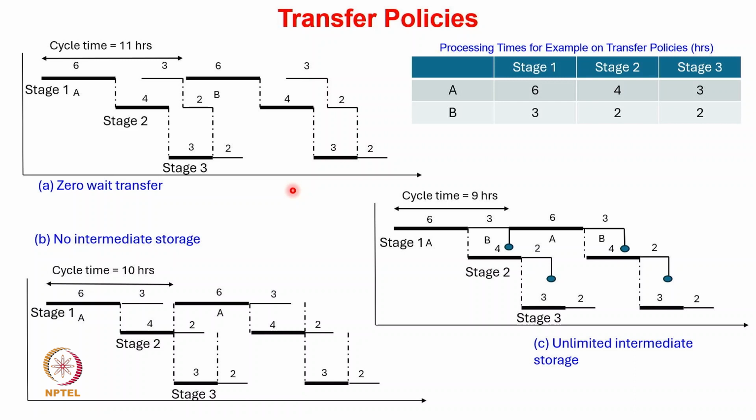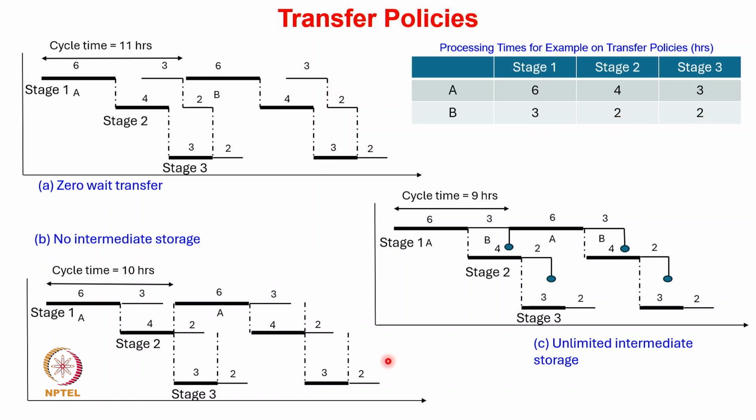So you can see that there are two products A and B, and product A requires 6 hours in stage 1, 4 hours in stage 2, and 3 hours in stage 3, whereas product B requires 3 hours in stage 1, 2 hours in stage 2, and 2 hours in stage 3.